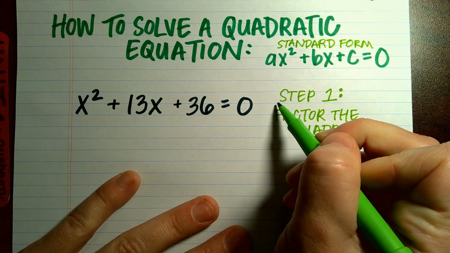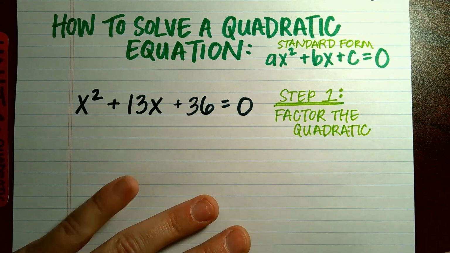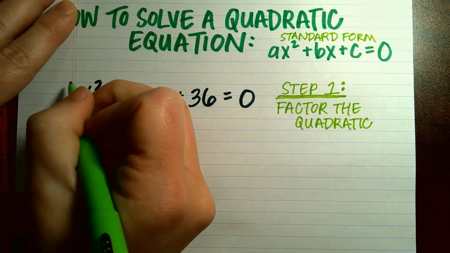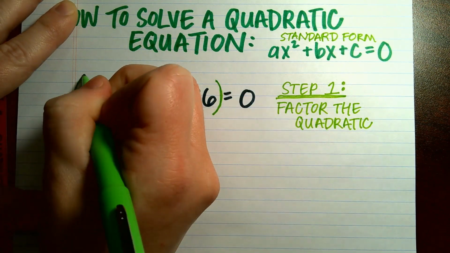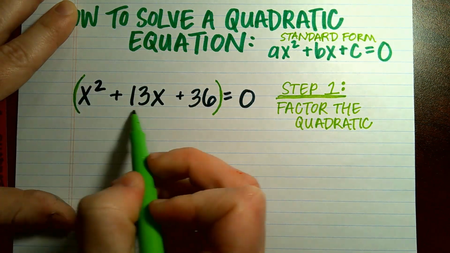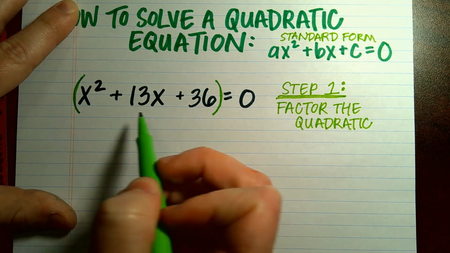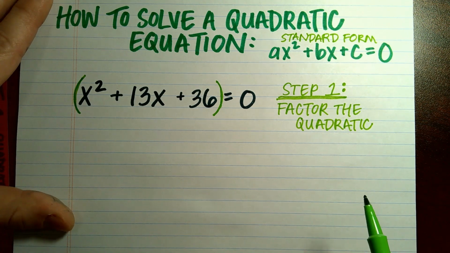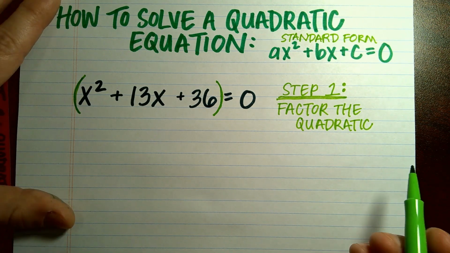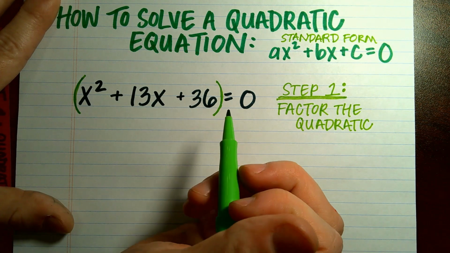That's step 1. Factor the quadratic. And what I mean by factor the quadratic is I'm talking about this part here, my x squared plus 13x plus 36. This is exactly what we just quizzed over. So it should be very fresh in our minds.